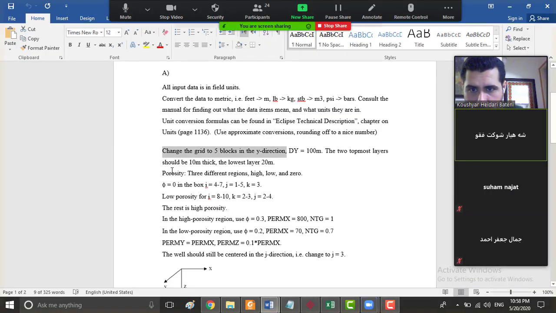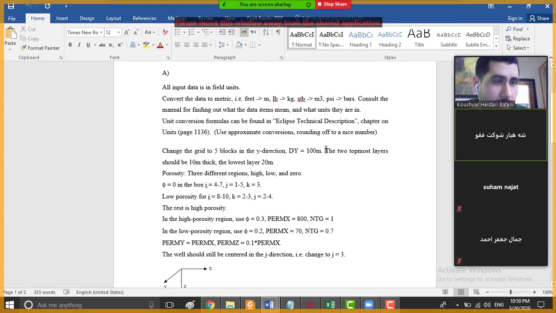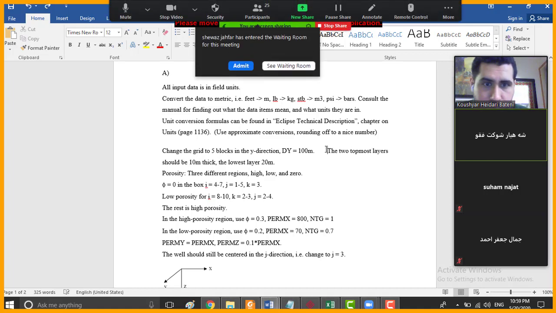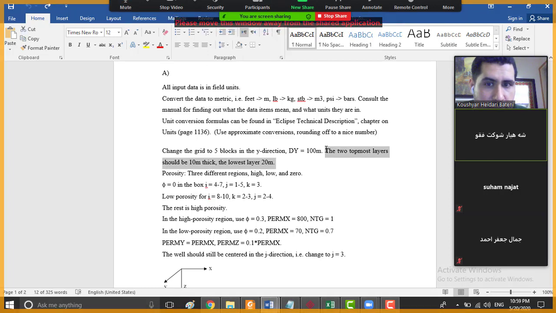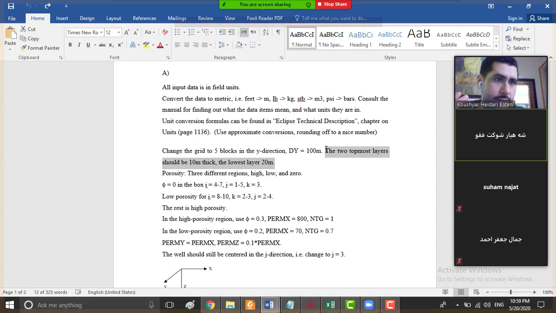Look, how is it given to us, what is our dz? It is given in this way. It says the two topmost layers should be 10 meters thick and the lowest layer 20 meters.